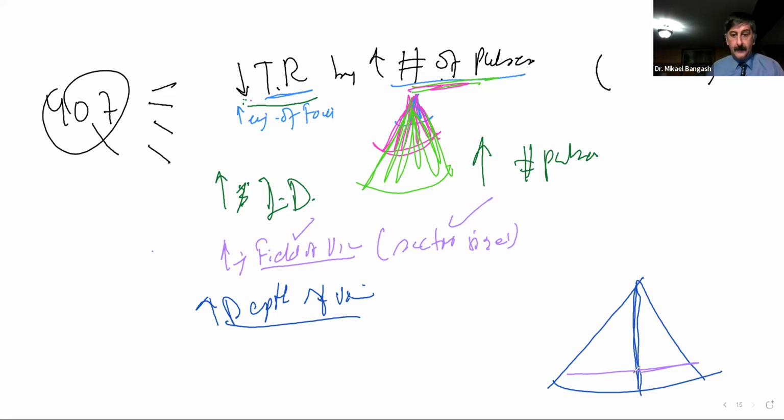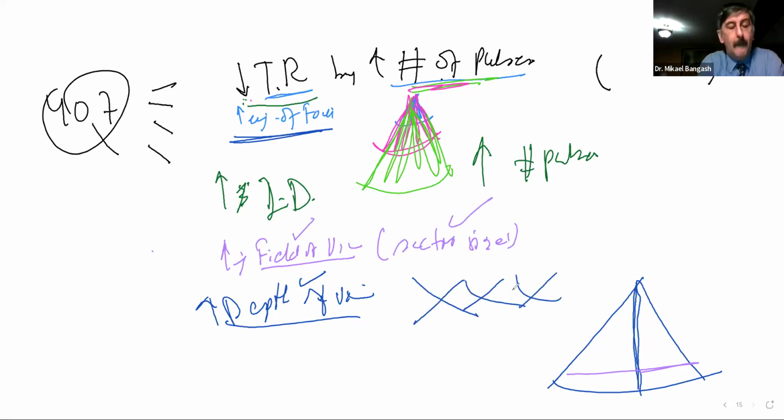Does increasing your depth of view degrade your temporal resolution? Yes, it does. But is that decrease in the temporal resolution due to an increased number of pulses per frame? No. Did you get that?